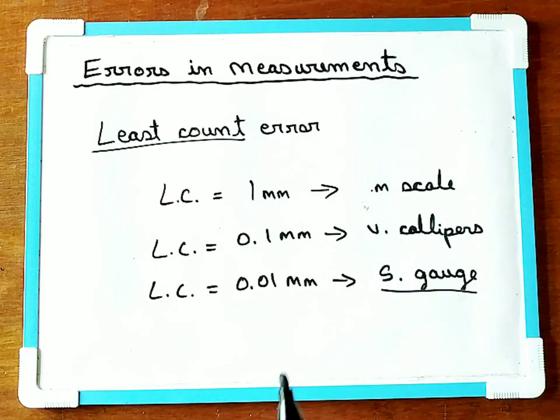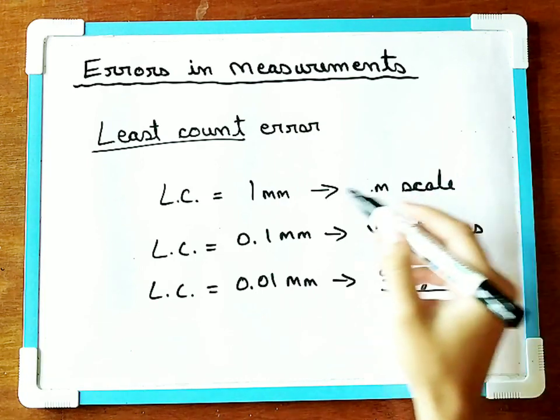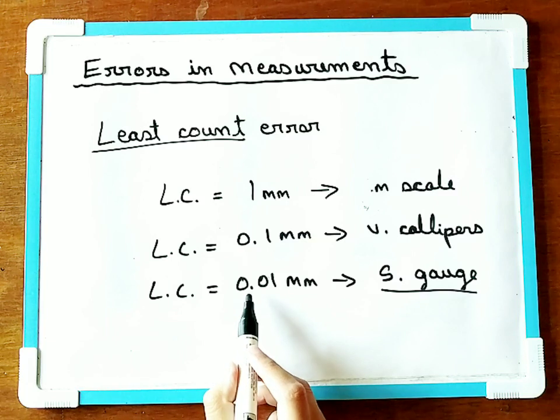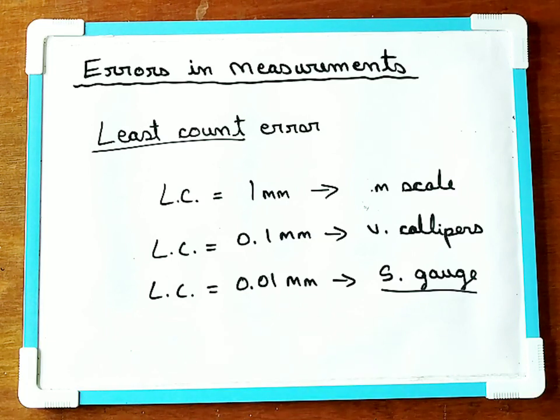And with the meter scale, you can just measure the distance or the length of any object. Out of these, the meter scale has much more error because it can only measure up to 1 millimeter, and the screw gauge has the least error because it can measure till 0.01 millimeter. So that is the least count error.